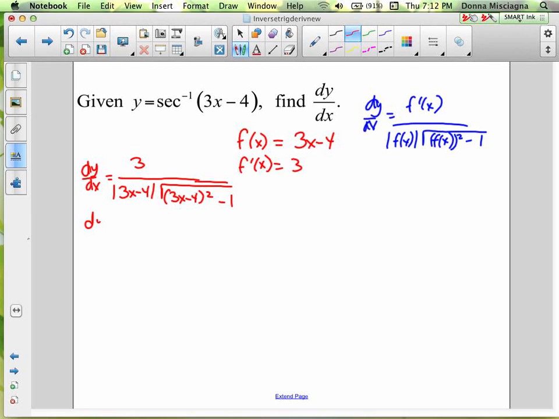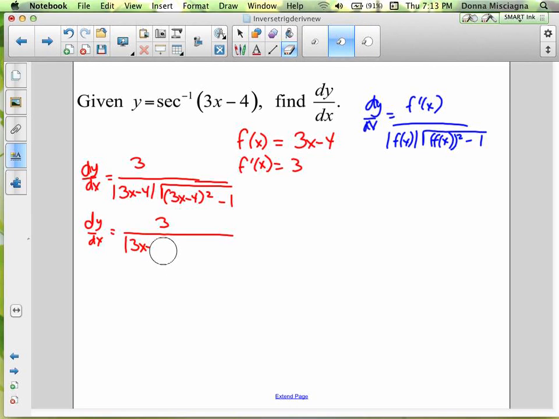We'll expand. Whoops, that was supposed to be an absolute value bar. All right, so 3 over the absolute value of 3x minus 4 times the square root of (3x minus 4) times (3x minus 4) minus 1.